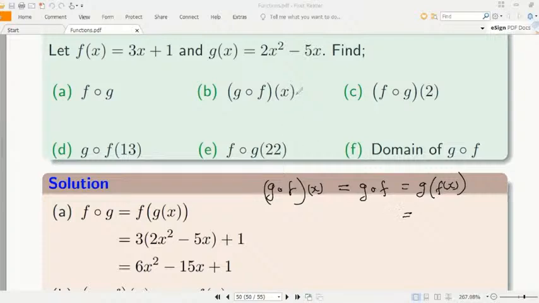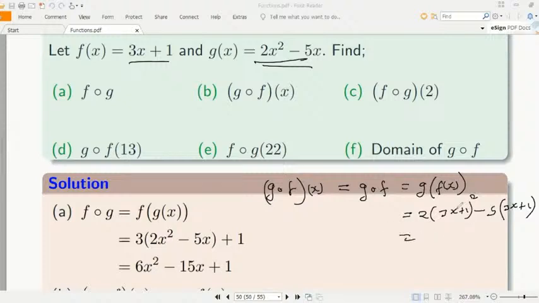And what is G? We have been given G as 2x squared. So where there is f of x, f of x is x squared, then minus 5x, minus 5. But where there is x, f of x is 3x plus 1.